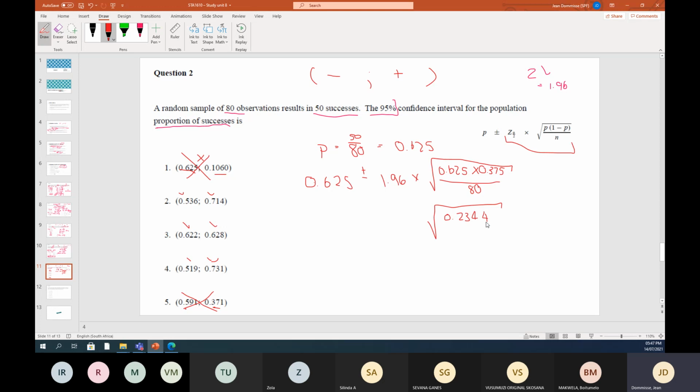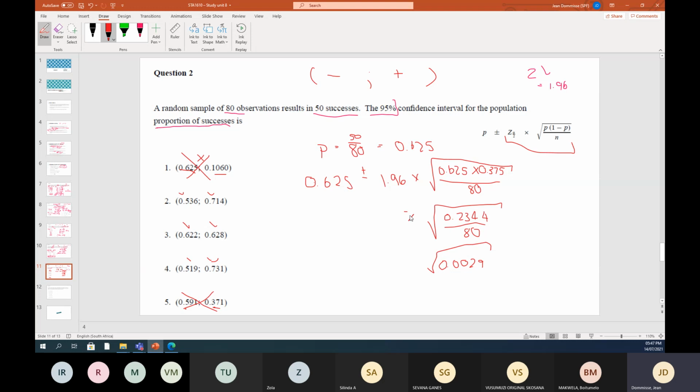So if we divide that by 80, I get 0.0029, and then you still need to take the square root of that.